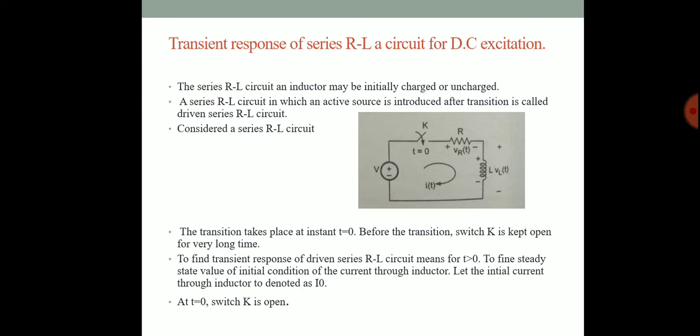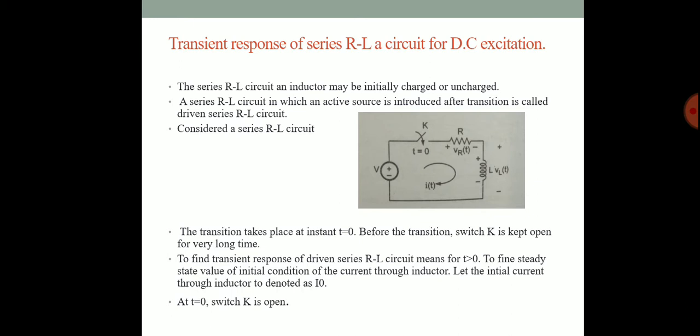In this type of circuit, the inductor may be charged or uncharged. A series RL circuit in which an active source is absent after transition is called an undriven or source free series RL circuit. Now we see this circuit diagram.